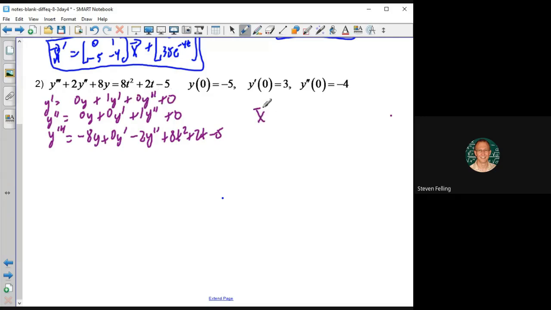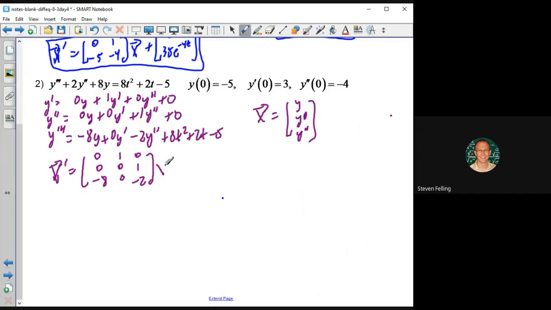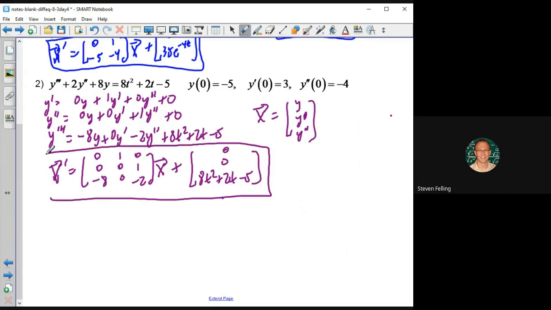So if I define X to be the matrix y, y prime, y double prime, then that means that this is X prime equals 0, 0, negative 8, 1, 0, 0, 0, 1, negative 2 times X plus a matrix with 8t squared plus 2t minus 5 on the bottom and 0 above it. So this right here would be the matrix if you define this as X.